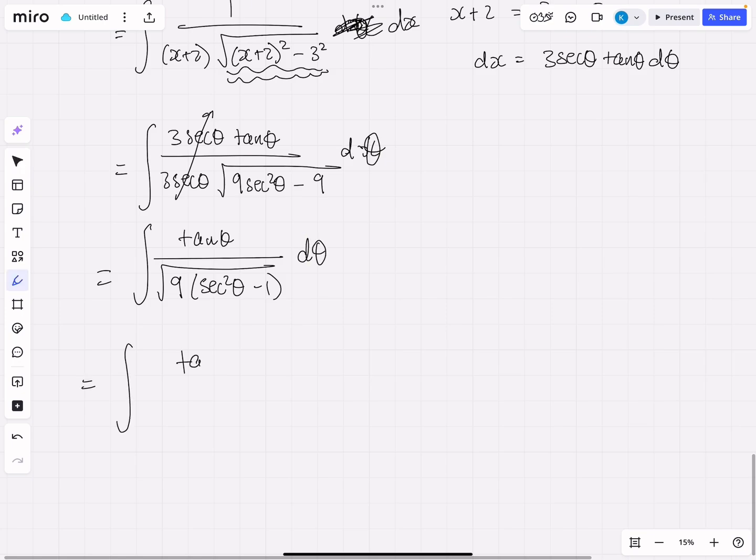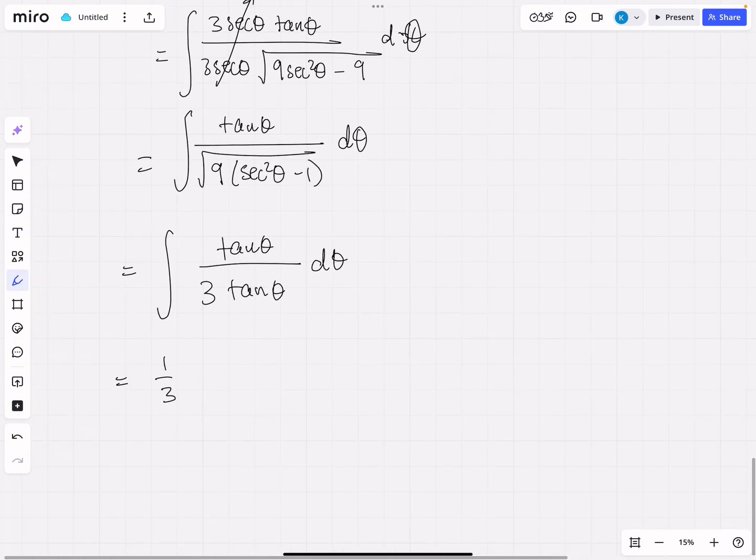Okay, so we have tan theta over, now remember, the square root of 9, well, that's just 3. So we're going to have 3 here. And the square root of sec squared theta minus 1, well, that's just tan theta. So we're going to have tan theta d theta.